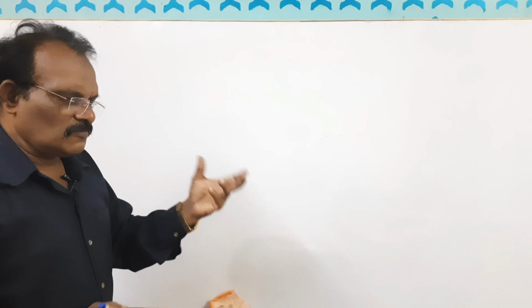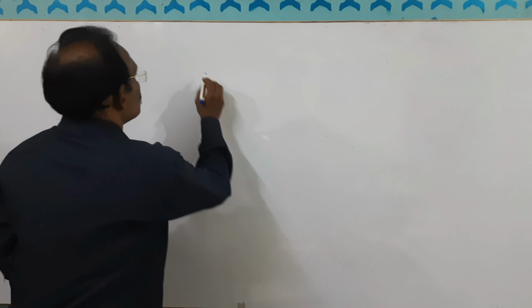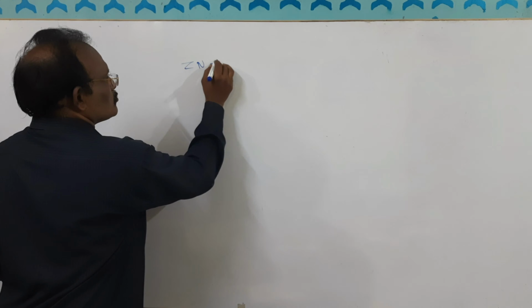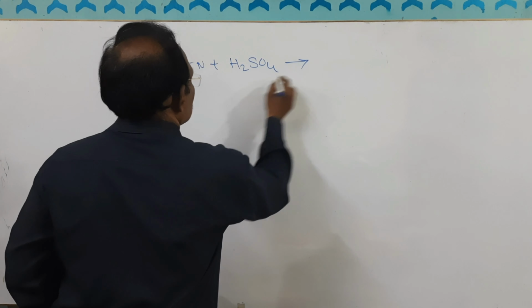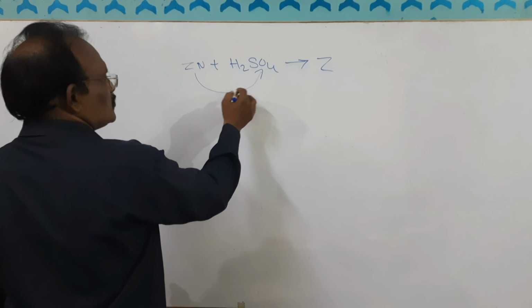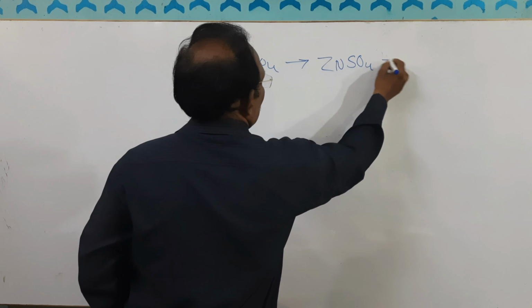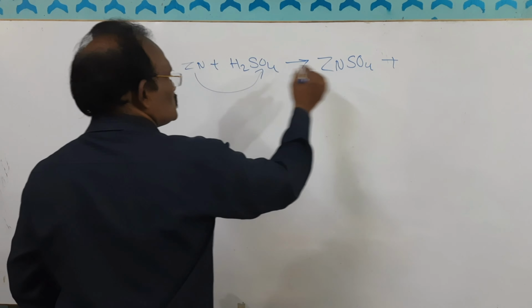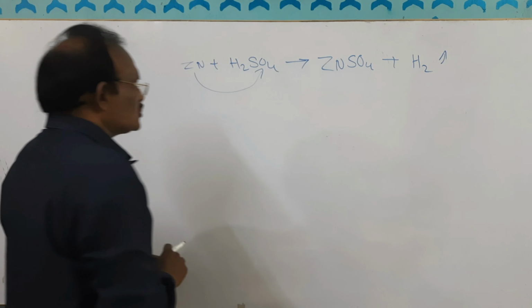Now, if we write the whole thing in a chemical equation, when zinc reacts with sulfuric acid, we get ZnSO4 plus H2, hydrogen gas.